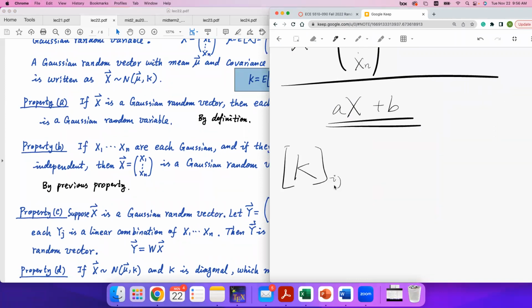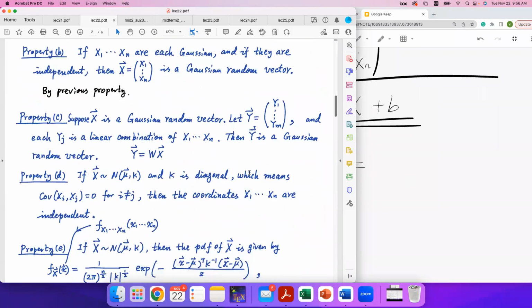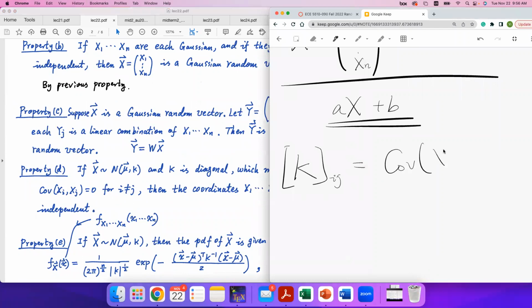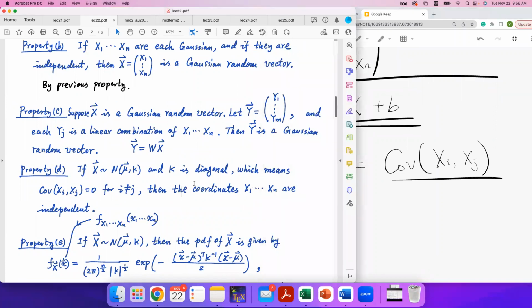In particular, the ij-th entry of this autocovariance matrix is given by the covariance between xi and xj. Now, if this is diagonal, then this means that all these random variables are uncorrelated for i not equal to j. Pick any two random variables in this random vector. They are uncorrelated if this covariance matrix is diagonal.